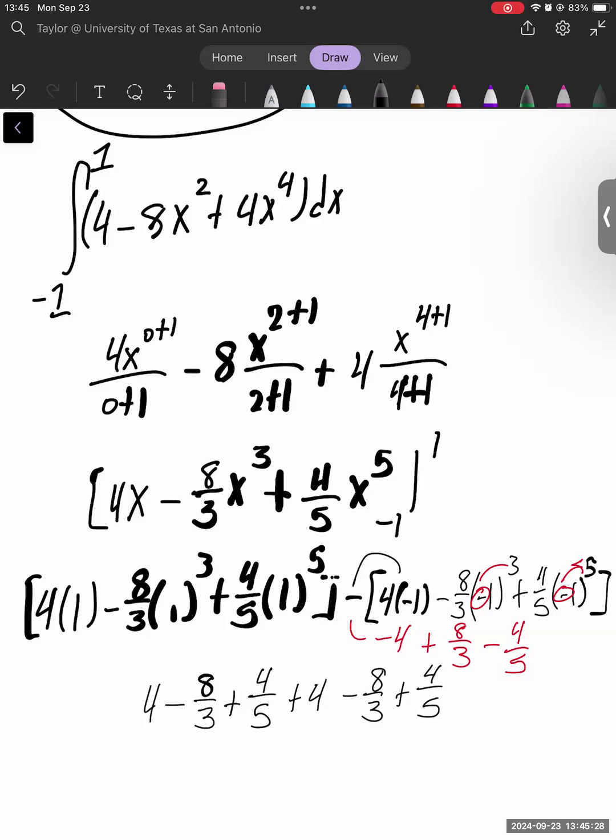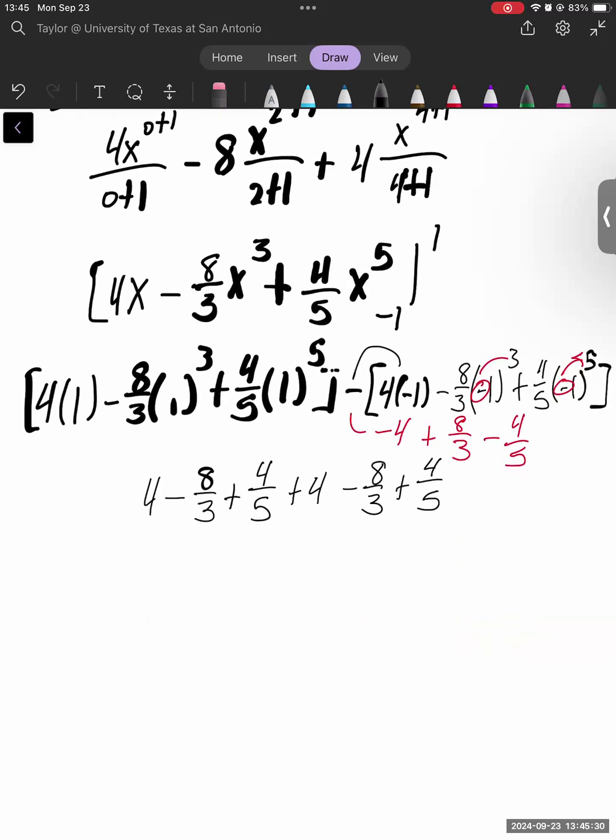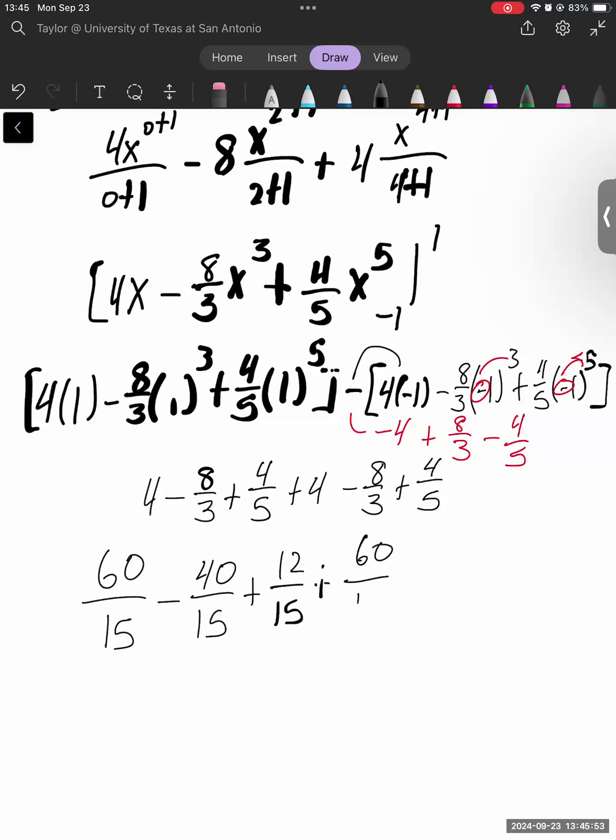And then I'm going to find a common denominator, which in this case is 15, right? So I get 60 over 15 minus 40 over 15 plus 12 over 15, and then again plus 60 over 15 minus 40 over 15 plus 12 over 15.